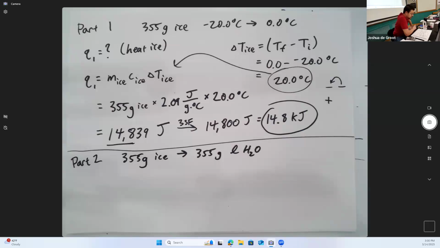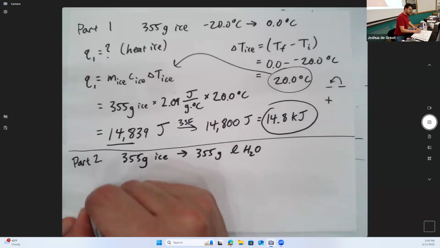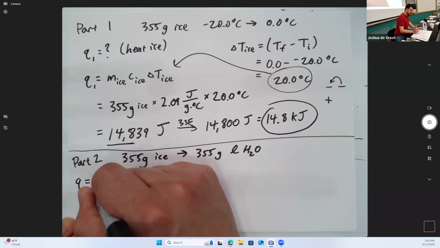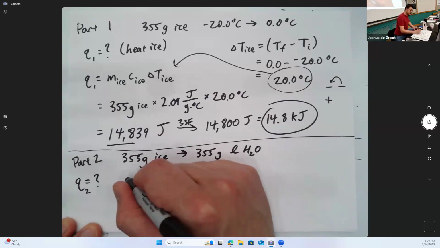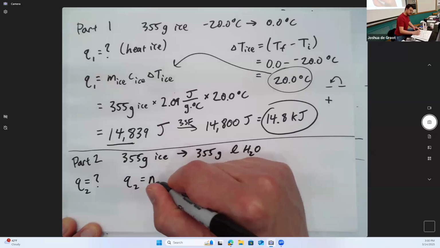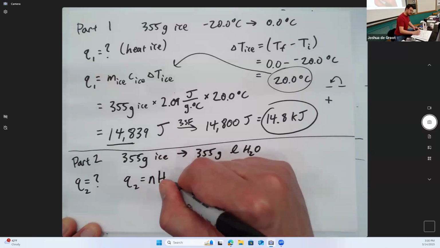Okay. And we have to figure out the energy required for this process. Okay. So for phase changes, this is where we take out Q equals, what's Q2? We're going to do Q2 equals n times H of fusion.